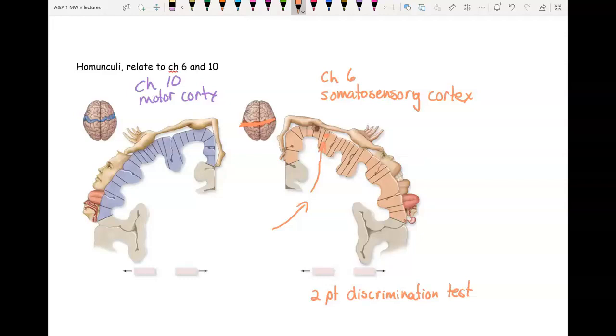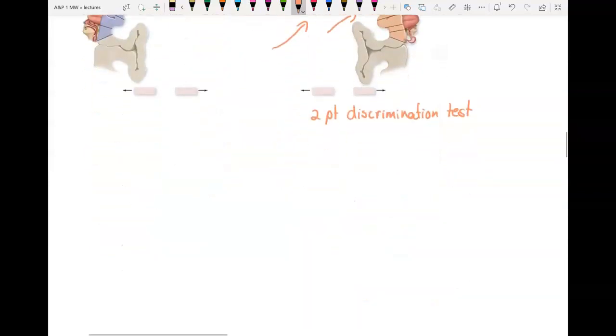And that's how they knew you were poking their elbow. If you poked them on the face, that signal from the face would come in right here and they would feel you poking them just above their upper lip. Right? So you have this map of the body in your brain.